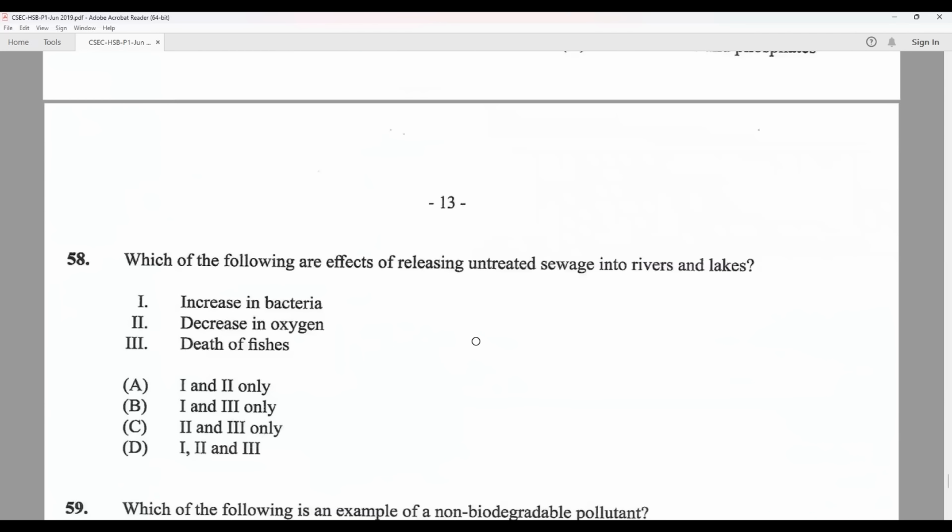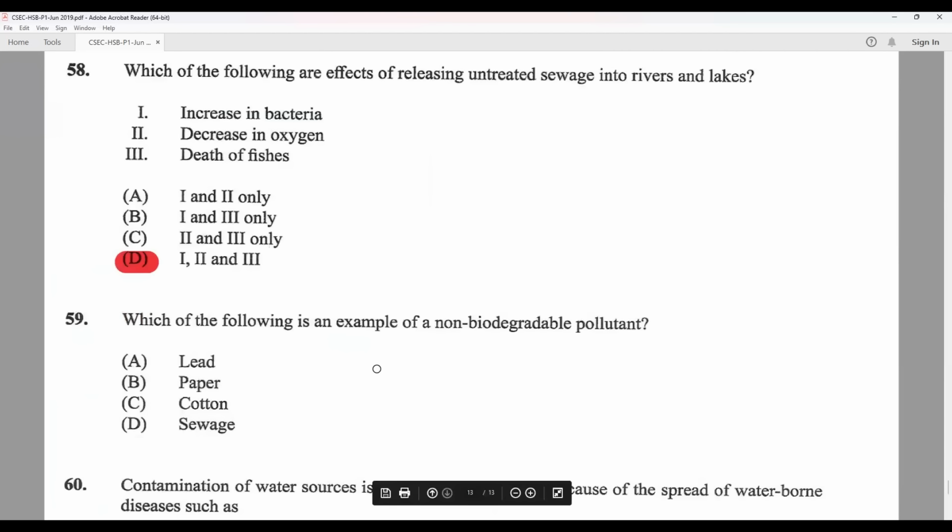Which of the following are effects of releasing untreated sewage into rivers and lakes? Increasing bacteria, increasing oxygen, death of fishes, and all three of those are correct. They do happen, so we are looking for 1, 2, and 3. Which of the following is an example of non-biodegradable pollutants?